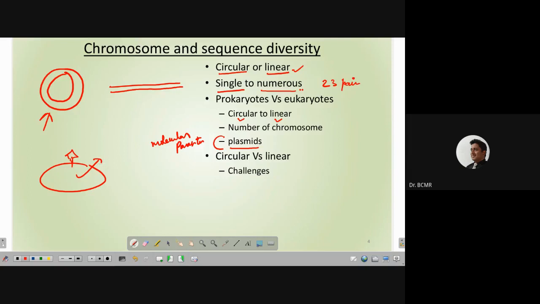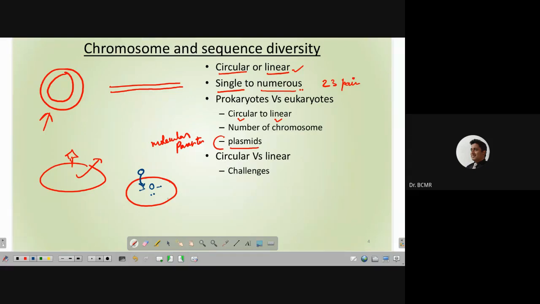Plasmids are almost similar. They enter into the cell, or they are taken up by the bacterium, and they will just live along with it and keep replicating along with the cell. They don't really kill the cell directly, but they use up the nutrition and all those things. They may occasionally confer some advantages to the cell, but still they are independent entities.